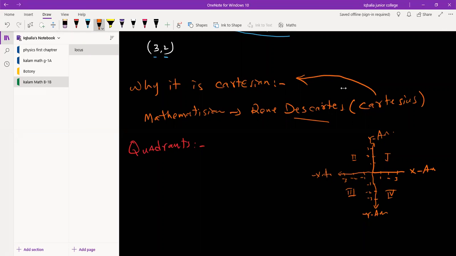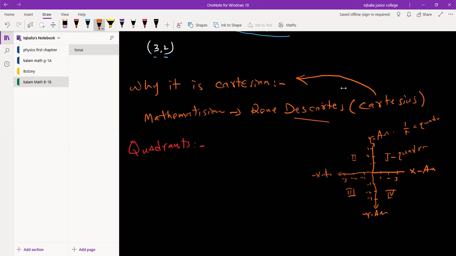So the first part, you can see this is the 1/4 part of the whole. In English, 1/4 is equal to quadrant. That's why it's called the first quadrant, second quadrant, third quadrant, and fourth quadrant.